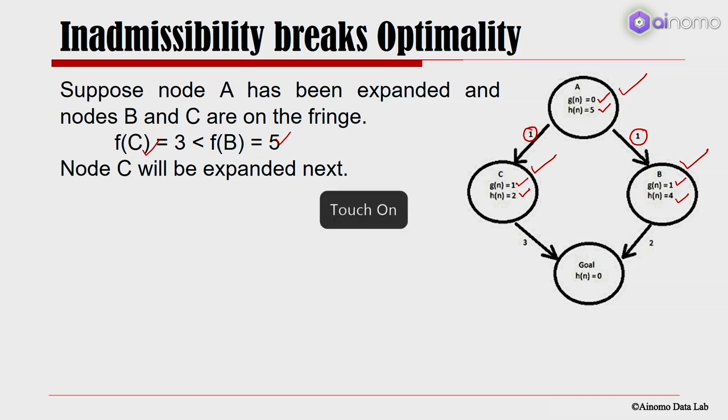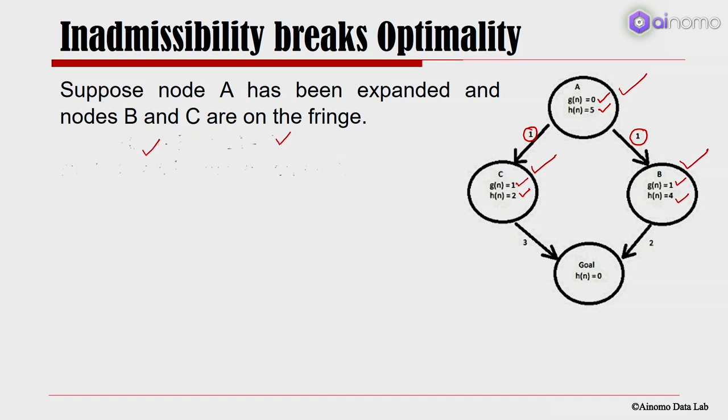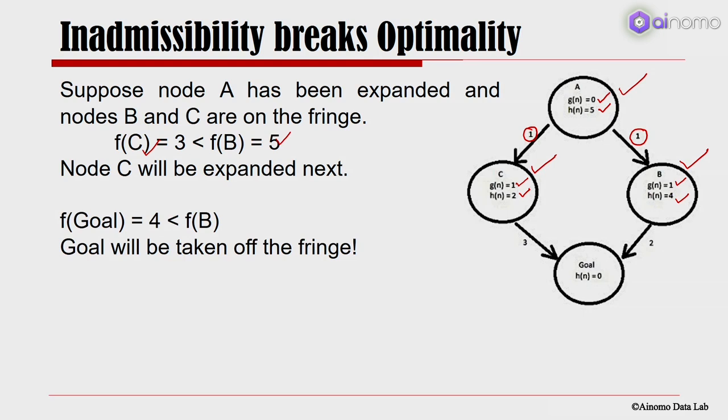So when node C is expanded next, I will arrive at goal G, and now this goal will be taken off the fringe, because I will see that I have arrived at the goal. The total cost of the goal that I will get in this case is the total cost of coming by this path, which is 3 plus 1, 4.